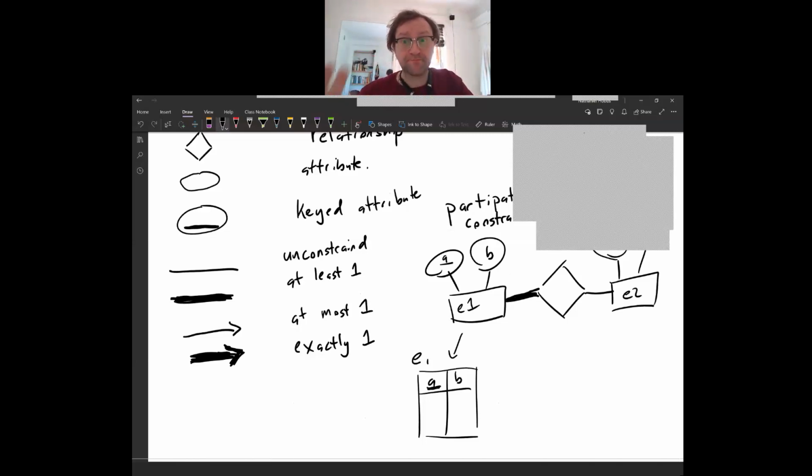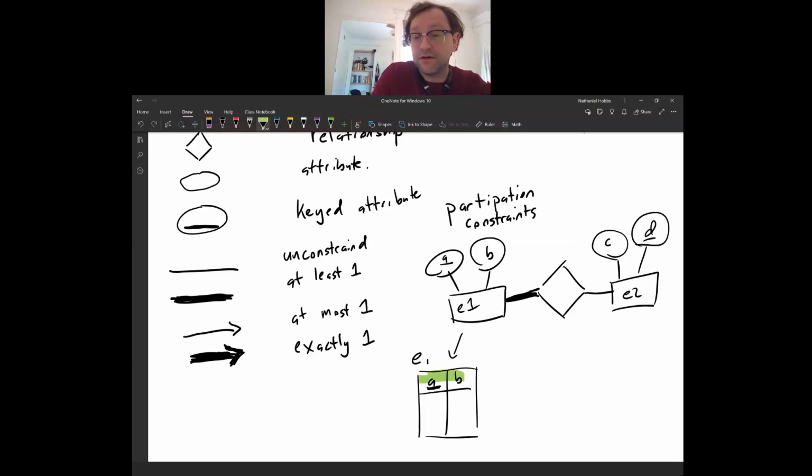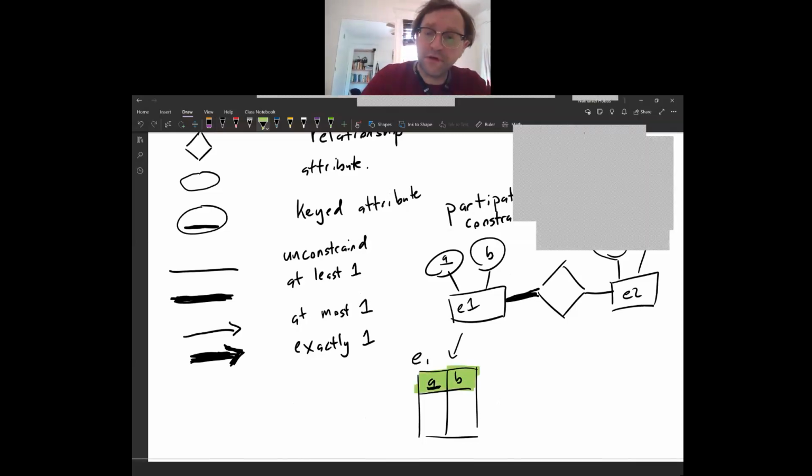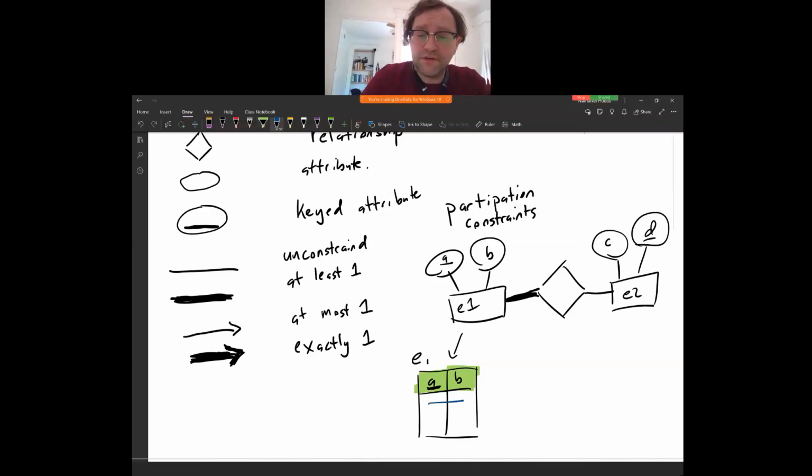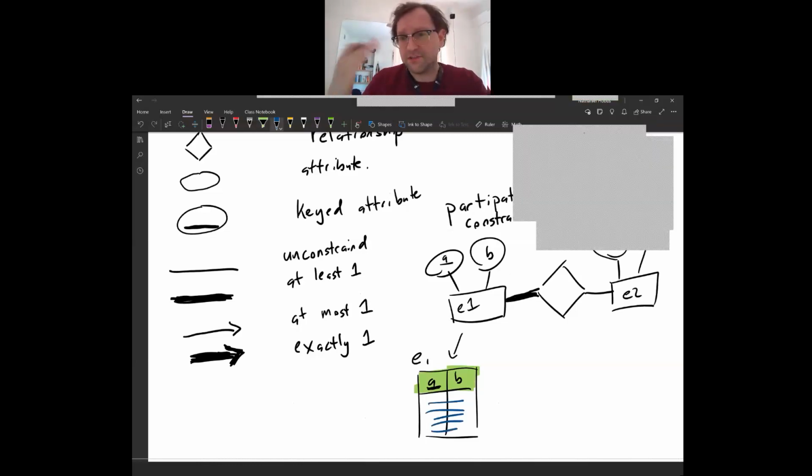Now here, for ER diagrams, the data particulars don't matter at all. The only things that the ER diagram is looking at are the names of the attributes.